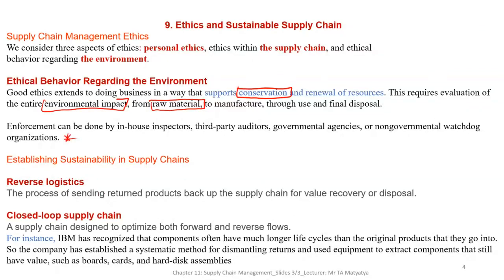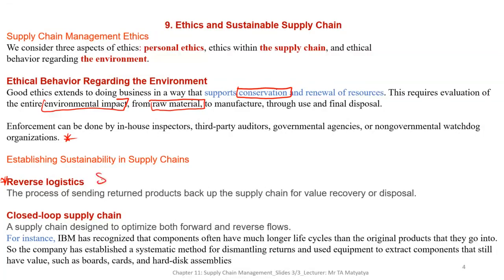Establishing sustainability in supply chain: reverse logistics, the process of sending returned products back up the supply chain for value recovery or disposal. It's very important, this aspect.